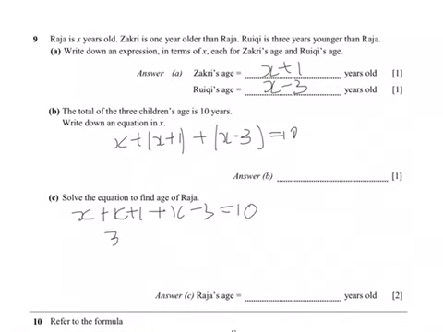Then you have 2x minus 2 equals to 10. 2x equals to 12. So x equals to 6. So Raja is 6 years old.